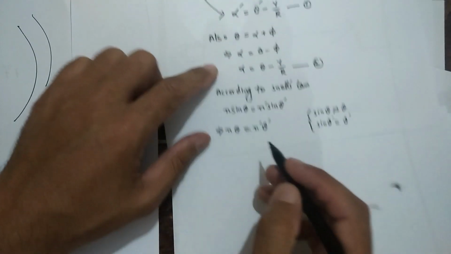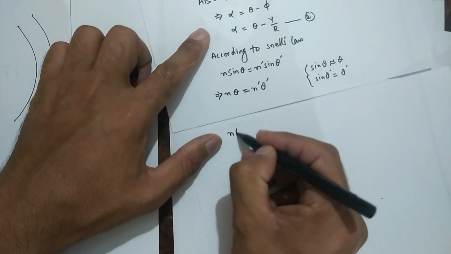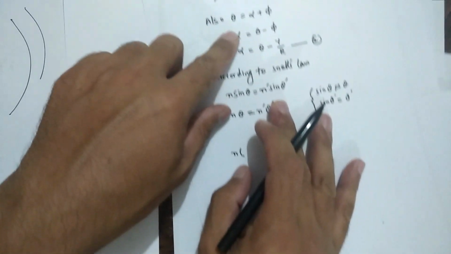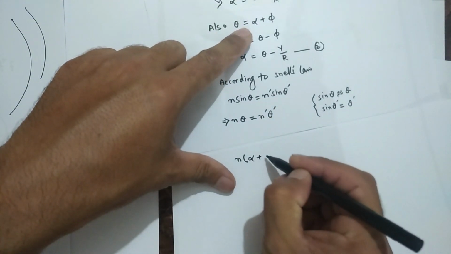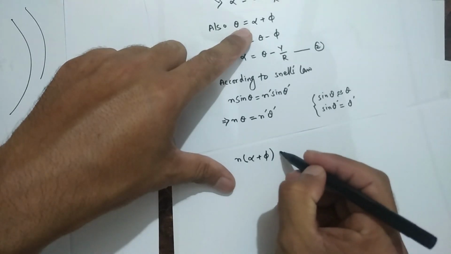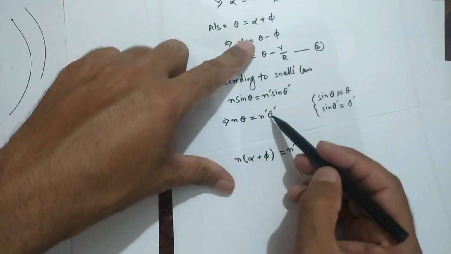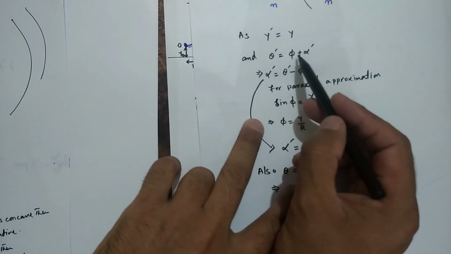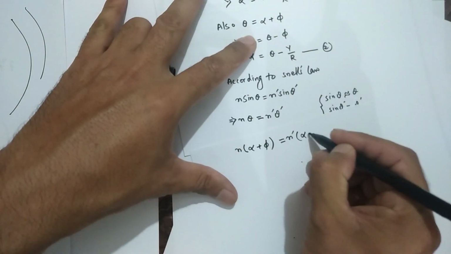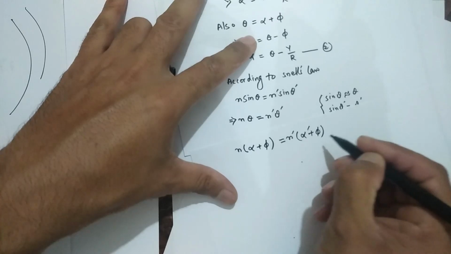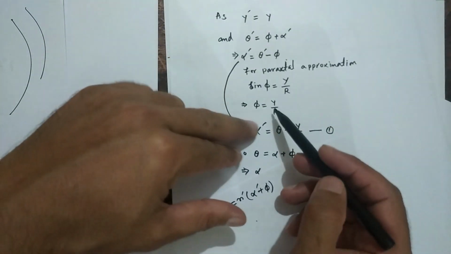So we can write this as n times theta, which is alpha plus phi, is equal to n prime theta prime, and theta prime is phi plus alpha prime, or alpha prime plus phi, and phi is y upon r.